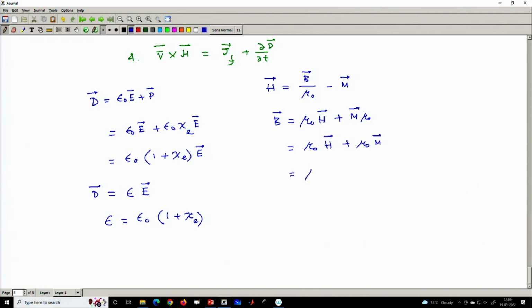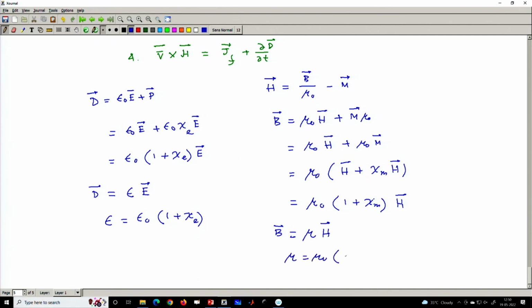Let us take mu 0 common first: mu 0, then I have H plus the magnetic susceptibility multiplied by H. That is the relationship between M and H. So I can write it as mu 0 (1 plus chi M) H, or simply B is equal to mu H, where my mu is equal to mu 0 (1 plus chi M).